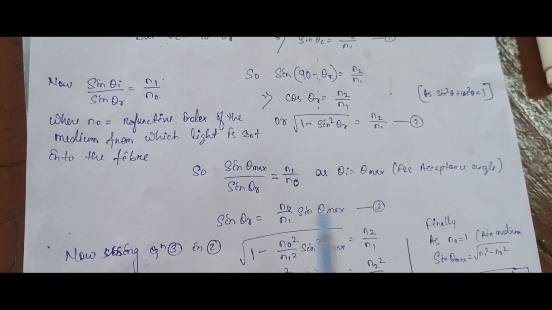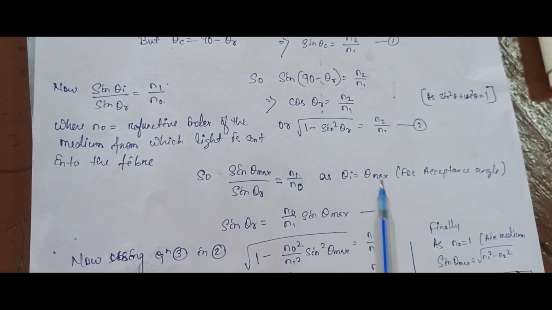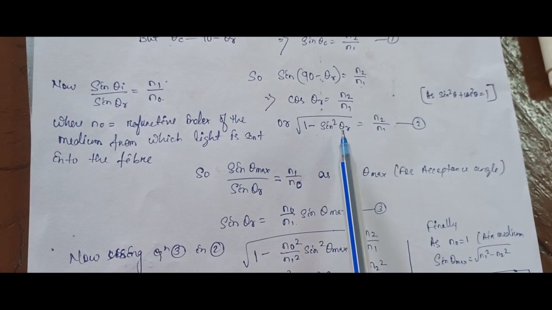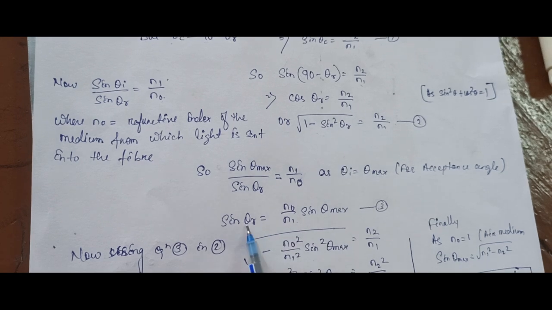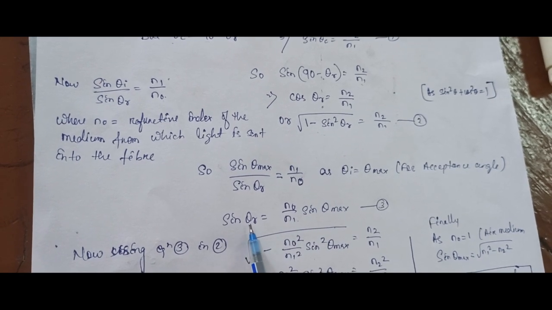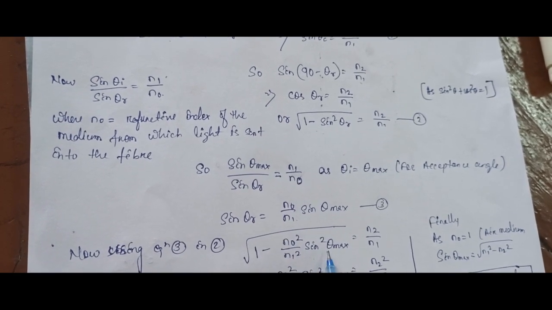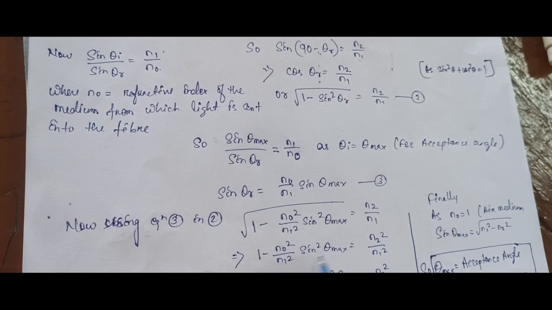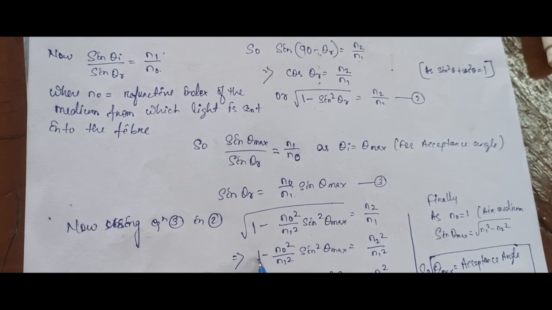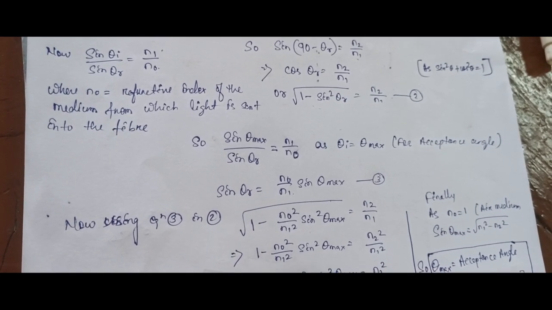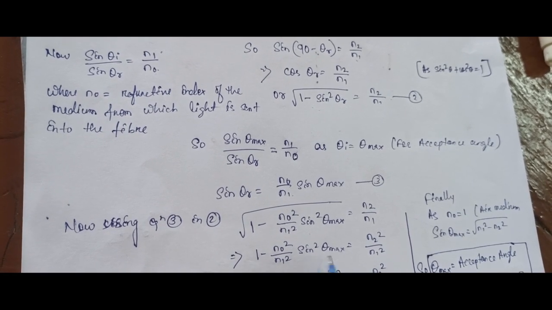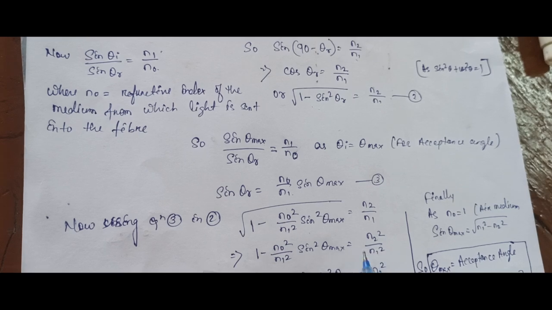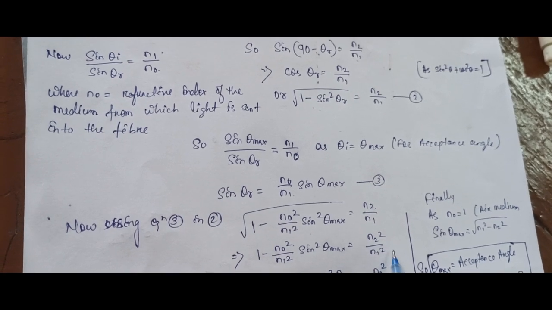Now we take equation 3 and substitute it in equation 2 in place of sin square theta r, since we have got the value of sin theta r. Squaring both sides and after taking the LCM, we get n1 square minus n2 square sin square theta max, and the n1 square terms cancel from both sides.